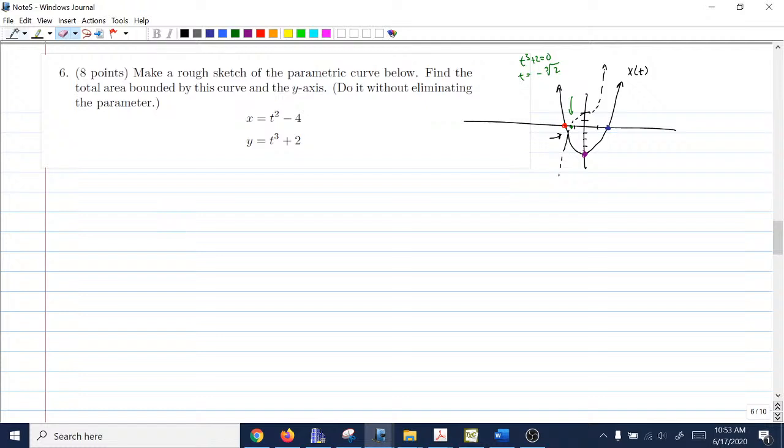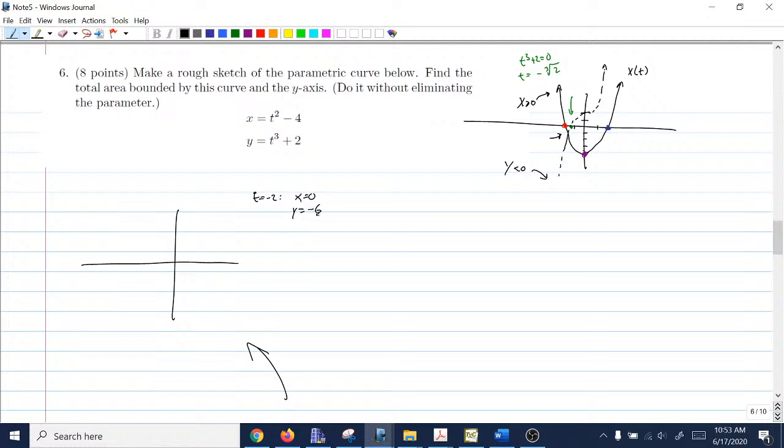What do I have? Out on the left, my x values are positive and my y values are negative. So I'm coming in from quadrant 3. My first point of interest is the red point where x equals 0. What does y equal there? We're at t equals -2, where I get x equals 0 and y equals -2 cubed plus 2, which is -6.